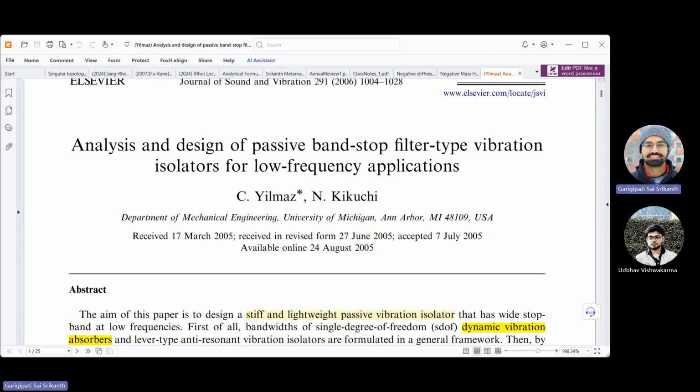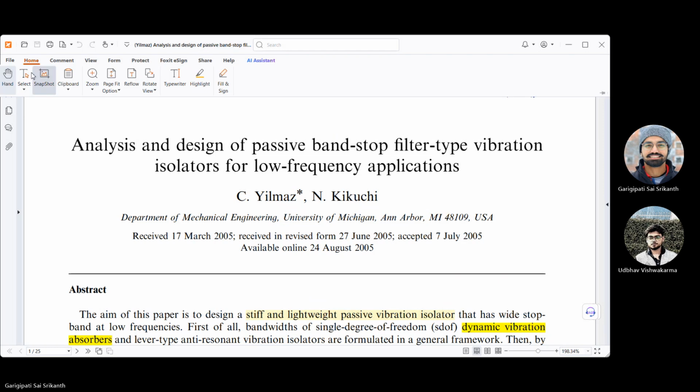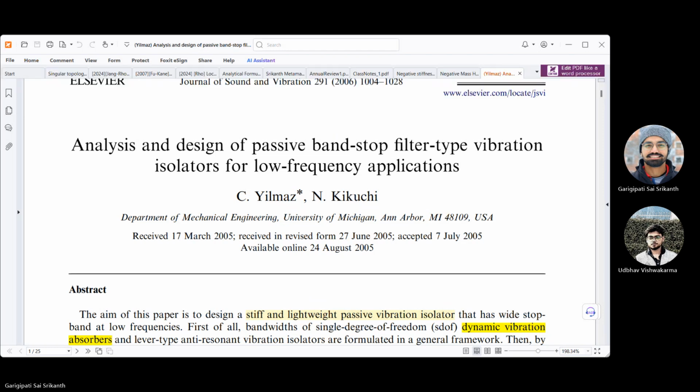Okay. So, analysis and design of passive band stop filter type vibration isolators for low frequency applications.